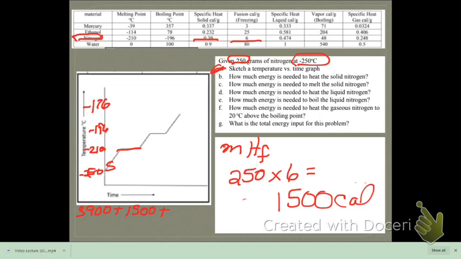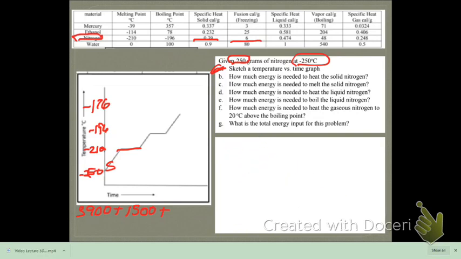Okay. So I have heated the solid, and I've melted the solid. Now I need to heat the liquid. Well, the liquid is going from a negative 210 to a negative 196. My temperature is changing, so I have a delta T. And the difference between 210 and 196, you can calculate that, is going to be 14 degrees Celsius. So my mass is 250 times, I'm going to need the specific heat of that liquid.